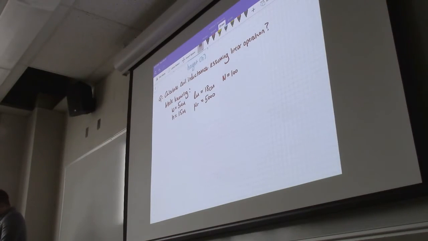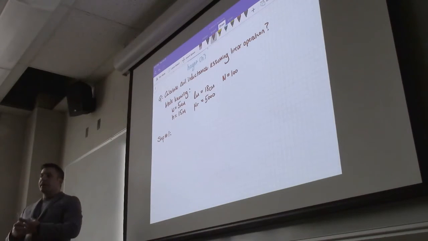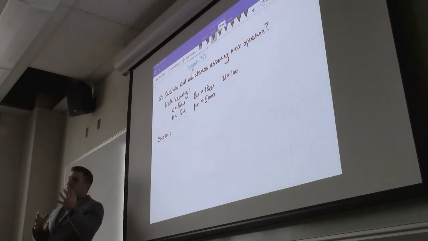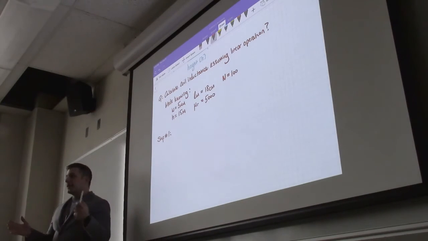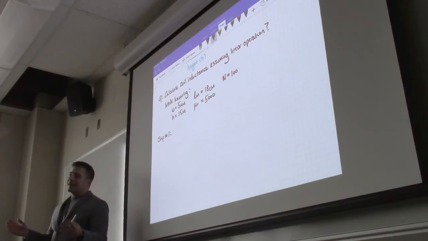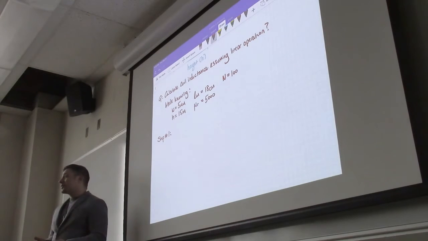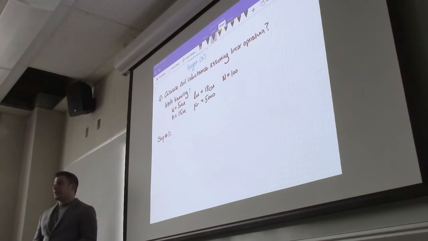Okay, so what we're going to see here is that, more so than this being a conceptual problem where you're looking at the operation of the coil and the magnetic fields and drawing lines, it's going to be about combining together the equations that we've already stated.